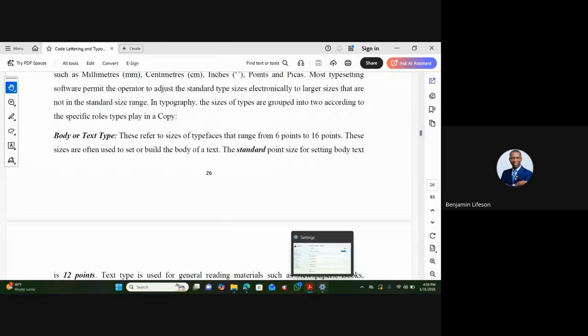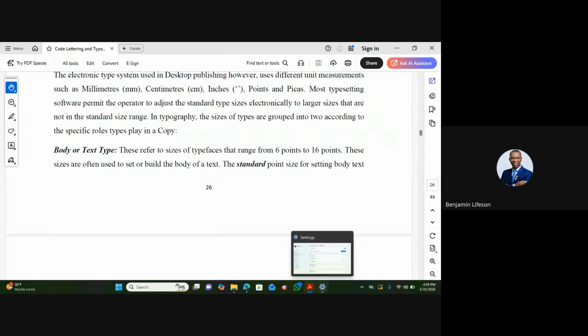So 6 to 16 points are referred to as body or text type. That is what we use in reading text, informing most of our text. It is used to build the body of a text.